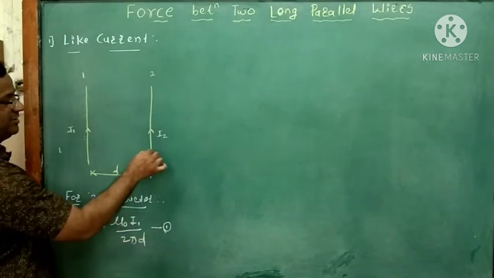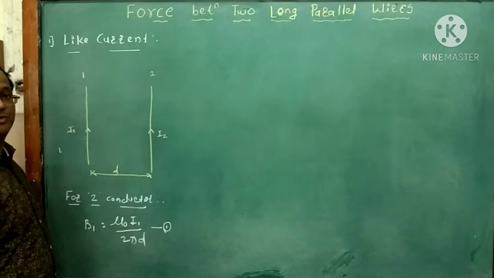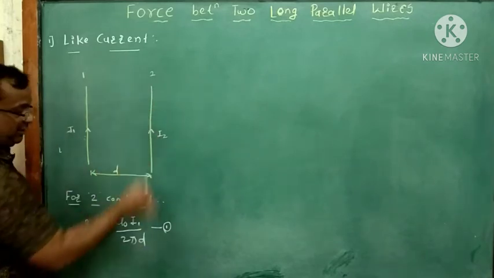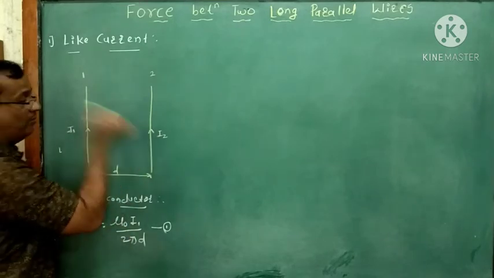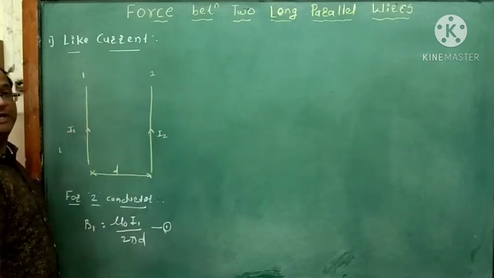Now through the second conductor, I2 amount of current flows. This conductor is placed in the magnetic field of the first one. Then how much force acts on the second conductor?